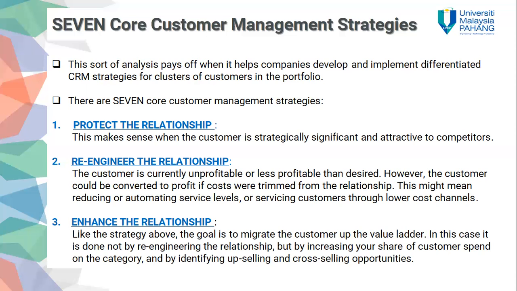And then enhancing the relationship. Here we want to look at increasing the share of the customer's spending in different categories. You can also offer upselling and cross-selling. Upselling, as I shared with you, is for example in purchasing at McDonald's, where you can offer different add-ons to your customer when they purchase a burger.